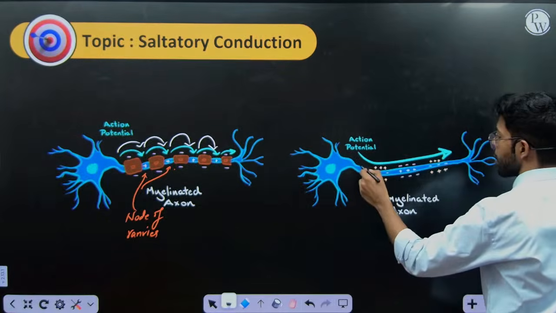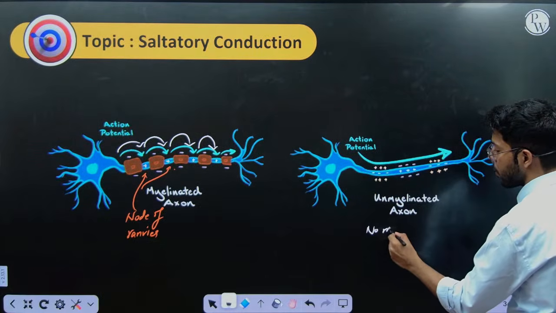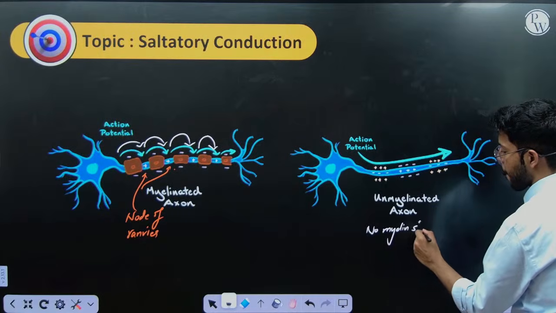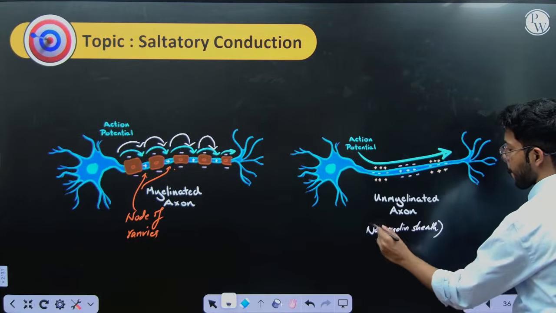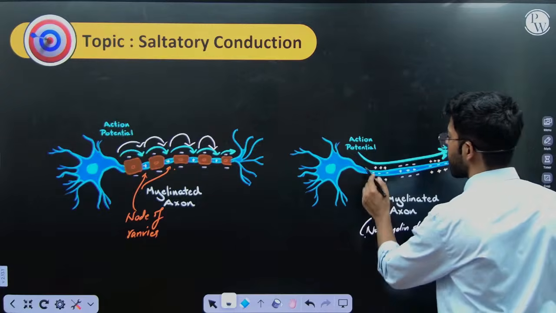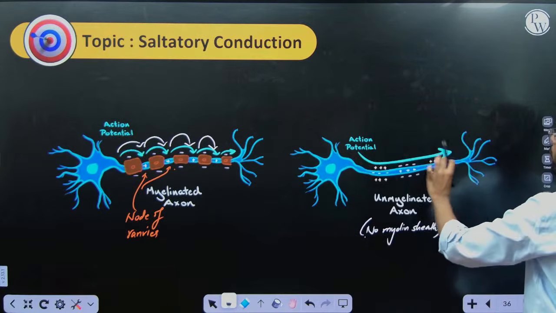There is no myelin sheath. That means it is the same across the whole axon.